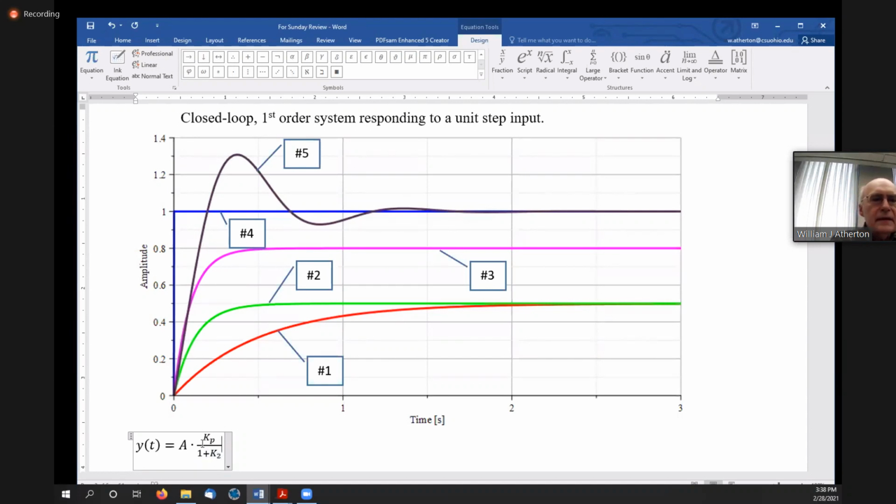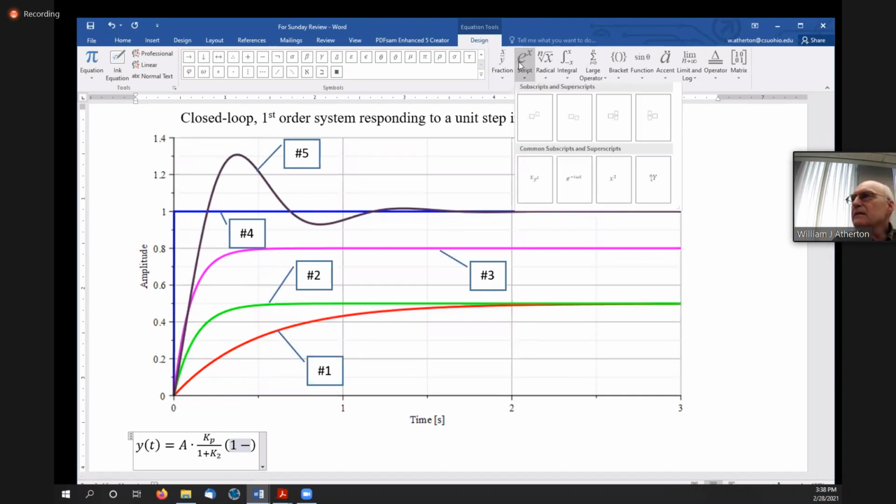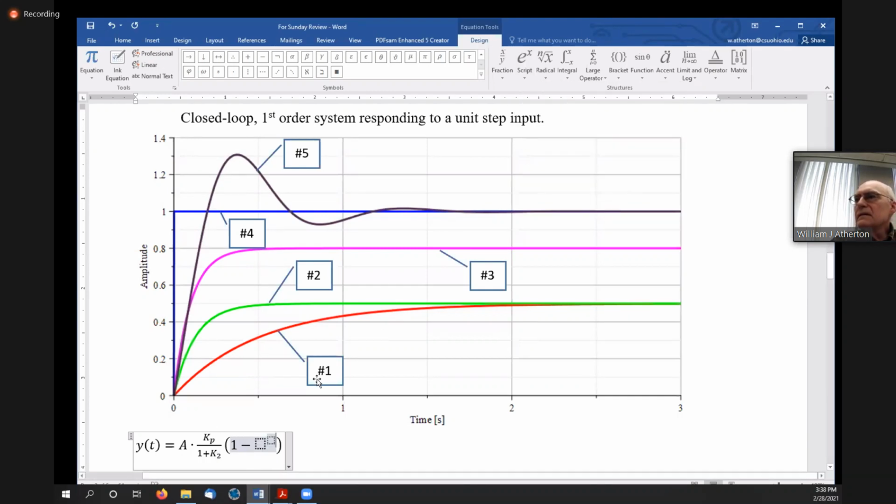And then we multiply that by a bunch of stuff. We have the 1 minus e to the minus, do I need a division? Division.